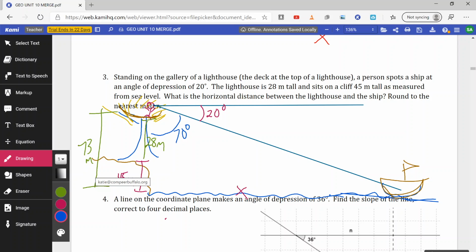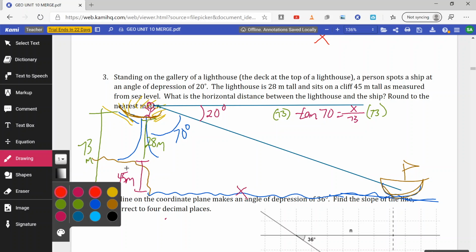Now, what we have to do is use tangent to figure out just how far we are from the lighthouse. So opposite from our angle is x and the adjacent is 73. So tangent of our angle we're working with, 70, is equal to our unknown side x over 73. And to get x by itself, we multiply both sides by 73.